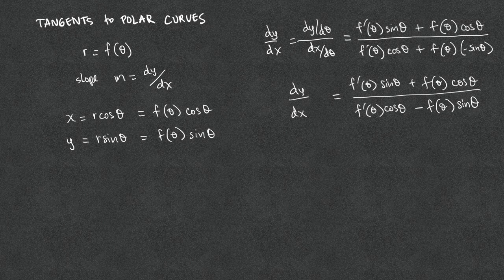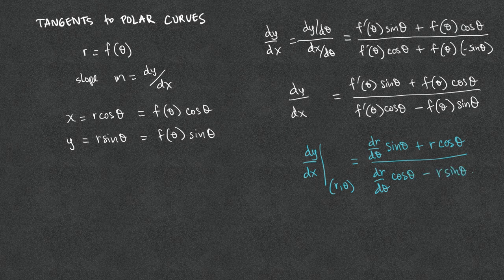This derivative can be rewritten as dy dx evaluated at the point r comma theta, which is in polar coordinates: dr d theta times sine theta plus r, because r equals f theta, times cosine theta, over dr d theta times cosine theta minus r sine theta, as long as dx over d theta is not 0. That is, the denominator is not 0 at the point r comma theta.